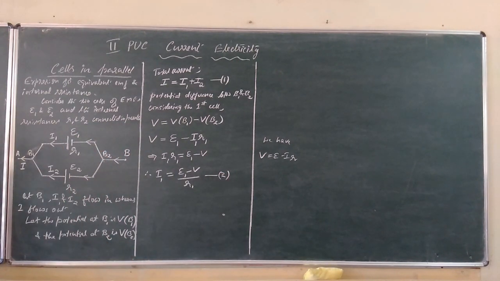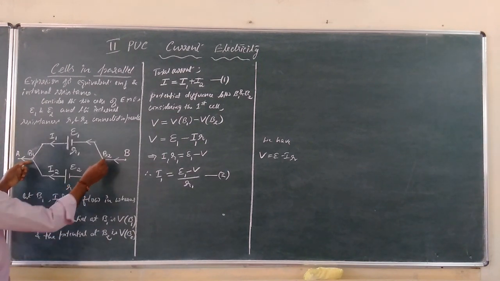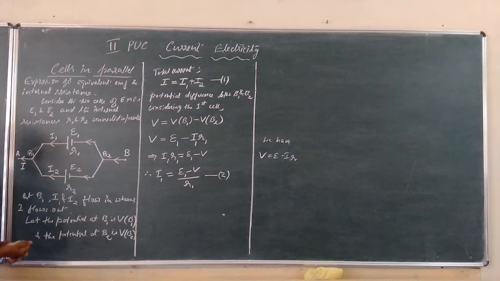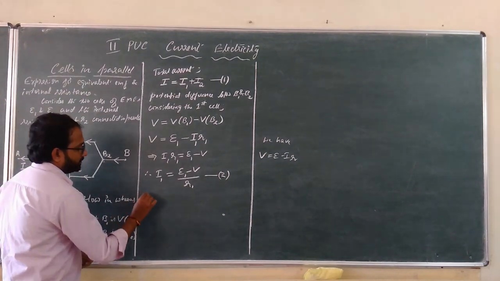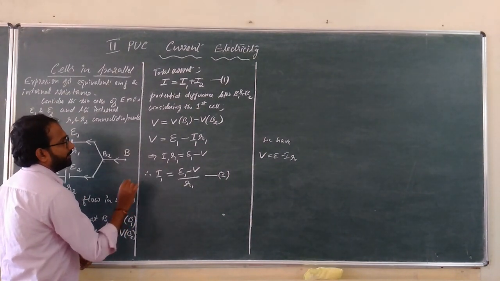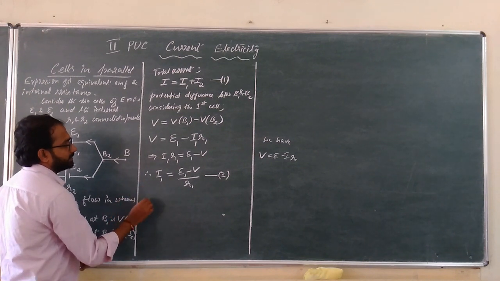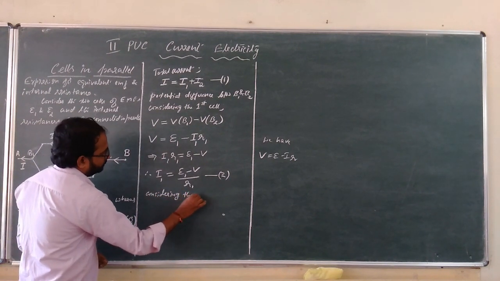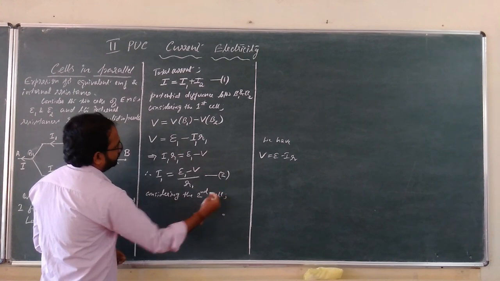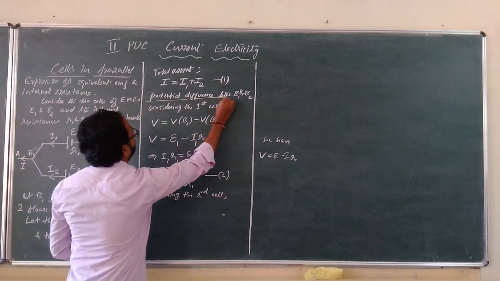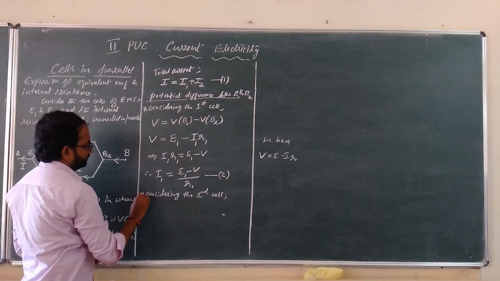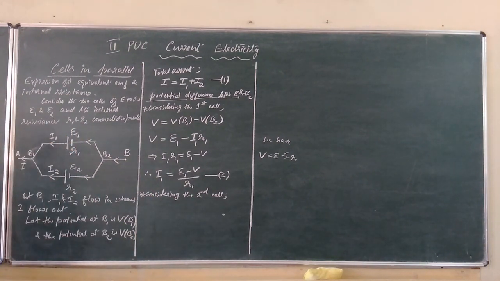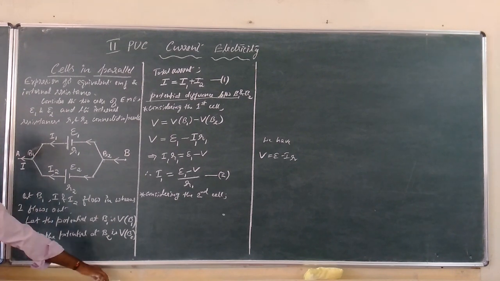Now what is the terminal potential difference across these 2 points with respect to the second cell? Potential difference between B1 and B2 by considering the second cell, VB1 minus VB2, right?